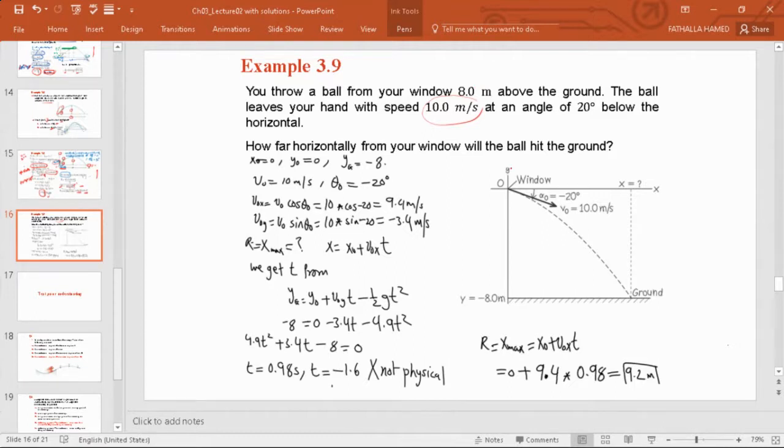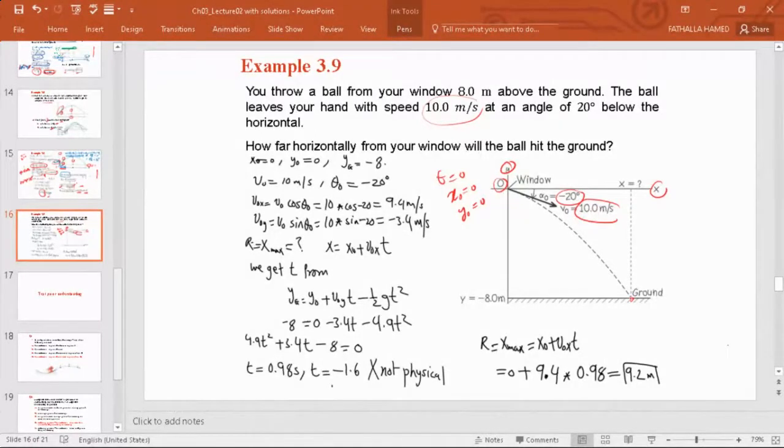So that's your y, that's your x, that's your starting point here, t equal to 0, x0 is equal to 0, y0 is equal to 0. Your v is 10 meters per second, but it makes an angle of 20 degrees. Now it will reach the ground here.